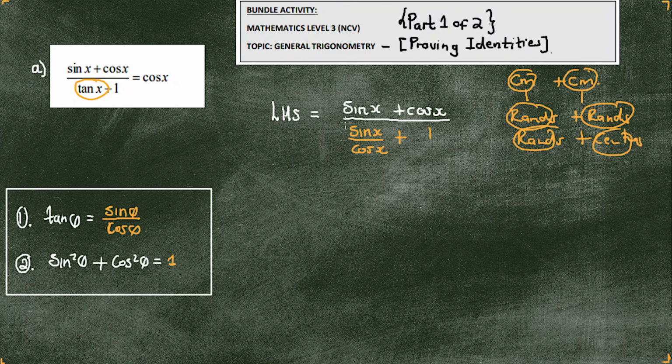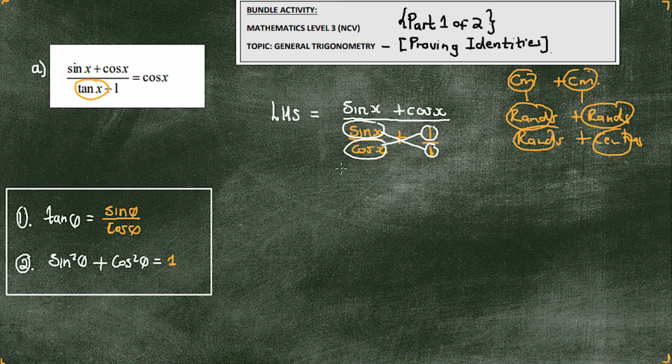Similarly, I have a fraction adding a whole number, so we need to change this 1 into a fraction. Since 1 is not a fraction, in order to turn it into a fraction, we divide it by 1. I'm doing the butterfly method here.